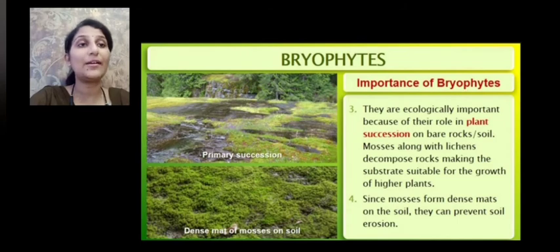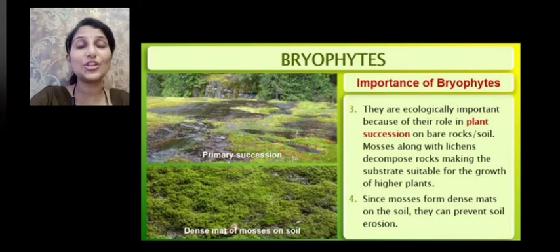And they are very important in plant succession because they appear on bare rocks or soil, and mosses along with lichens decompose the rocks, making the substrate suitable for the growth of higher plants.